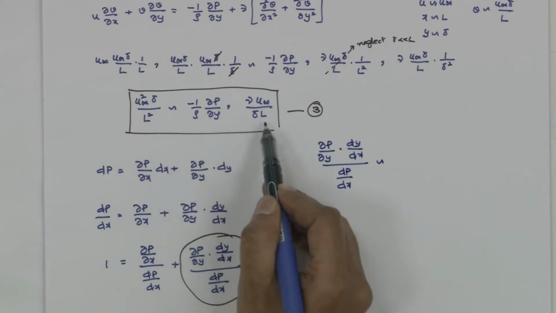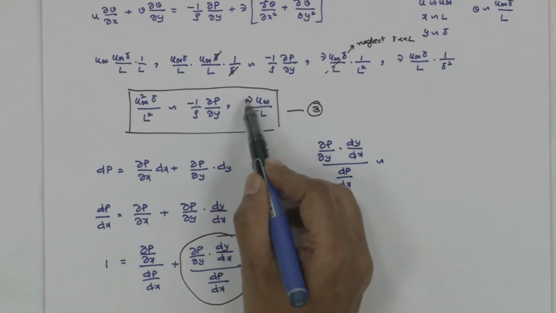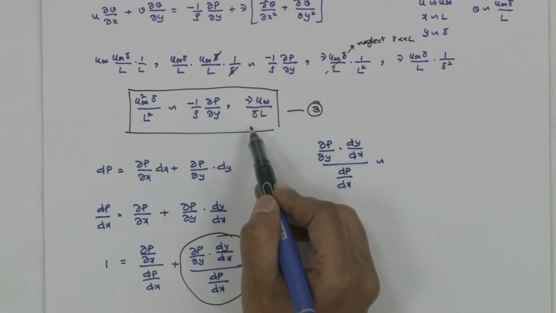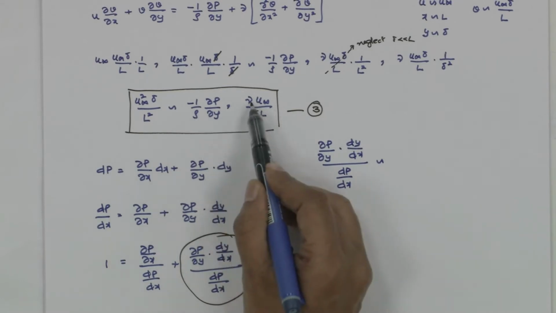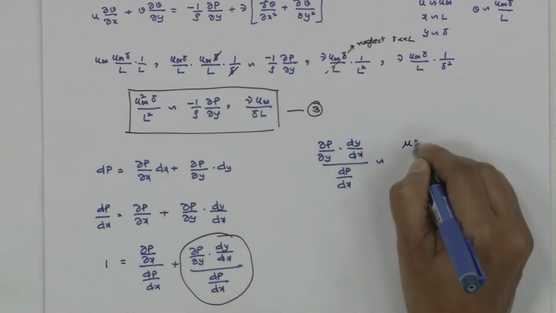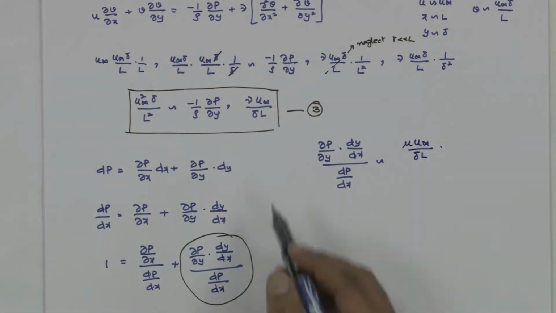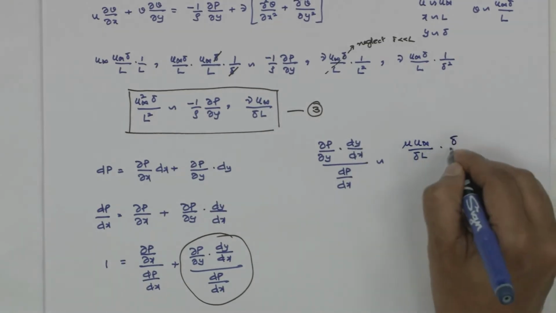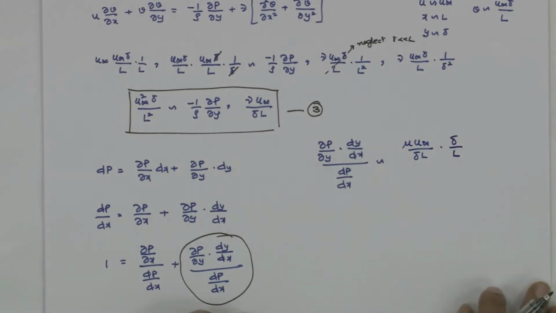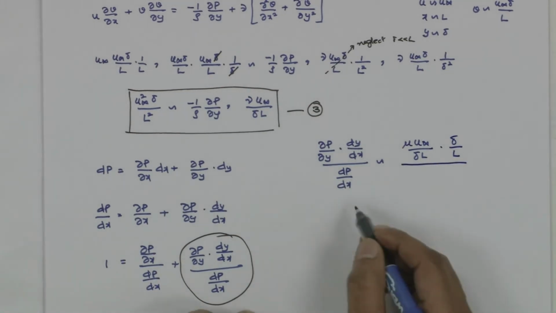Both the terms are important, which means del P by del y into 1 by rho should scale to nu u infinity by delta L. So del P by del y would be rho into nu, that means mu u infinity upon delta L. So what would be the scale of dy by dx? dy is delta, dx is L, because we have taken y and x as delta by L. What about dP by dx?